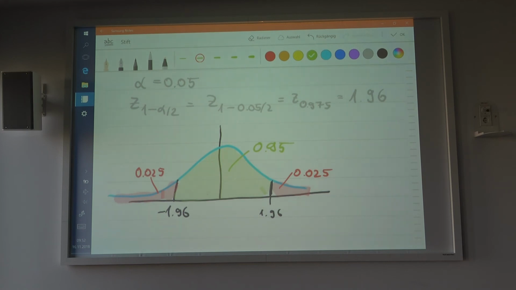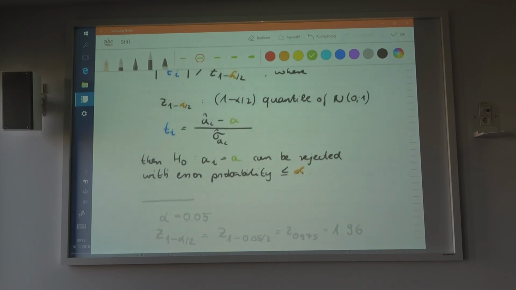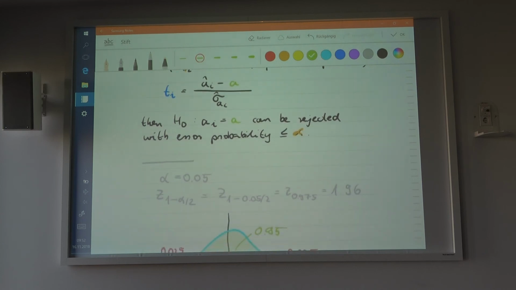And if the test statistic is beyond that, either greater than 1.96 or less than negative 1.96, which means the absolute value of the test statistic is greater than 1.96, then you can reject the Null hypothesis that the coefficient is equal to a, the certain value that you use for testing. That's what you would do here.